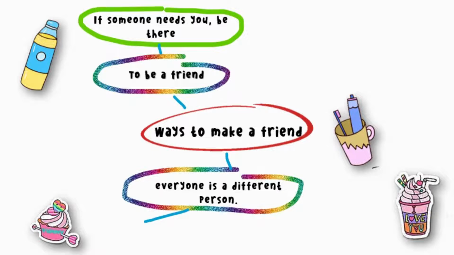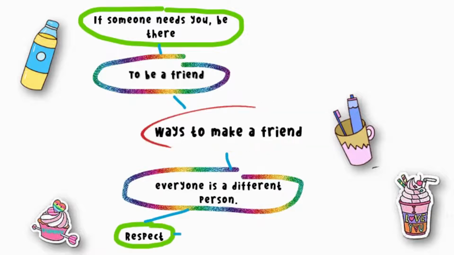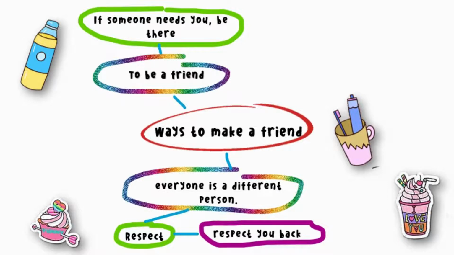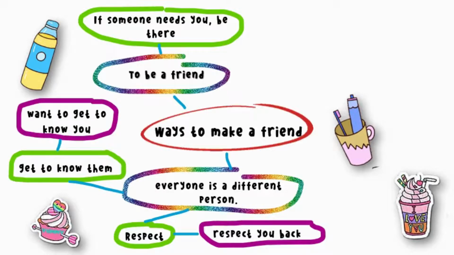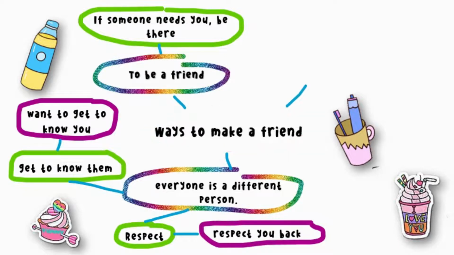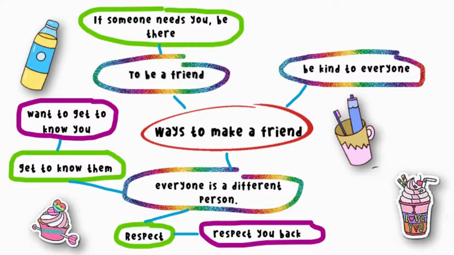So the first supporting sentence, to be a friend, everyone is different, different persons. They have their own branches here, explanations. So here is the shape, the form of our mind map. It's very easy, easy peasy lemon squeezy. So this is the first approach that I usually use, MIS: MI, main idea, the second S is supporting sentences, and the last S is supporting details.